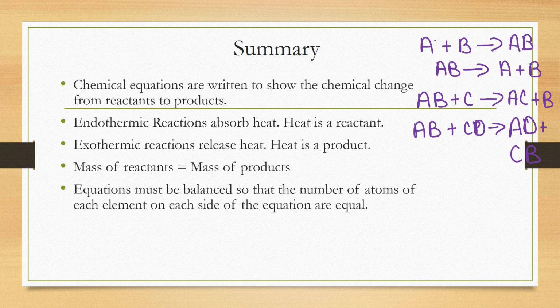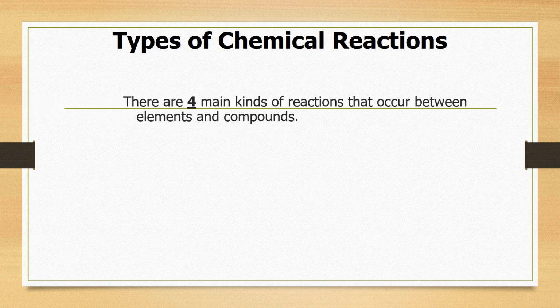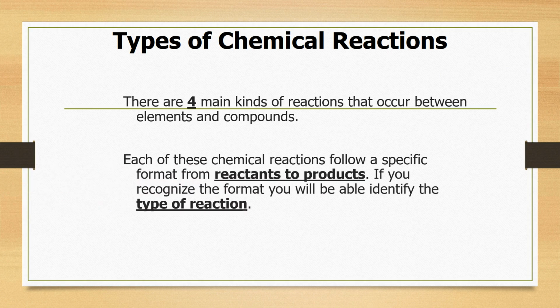So let's look at these and talk about these. Types of chemical reactions. There are four main types of chemical reactions that we're going to look at, and that occur between elements and compounds. Each of these types follows a specific pattern or format, and I just briefly went over those.